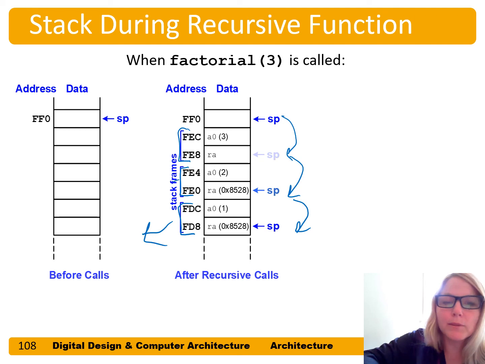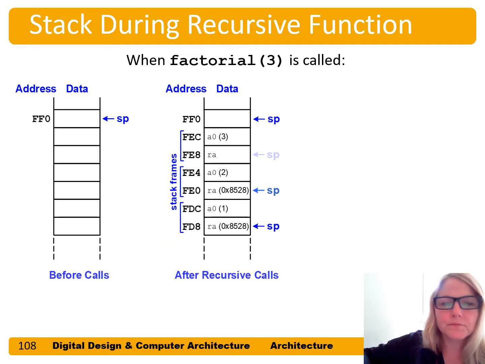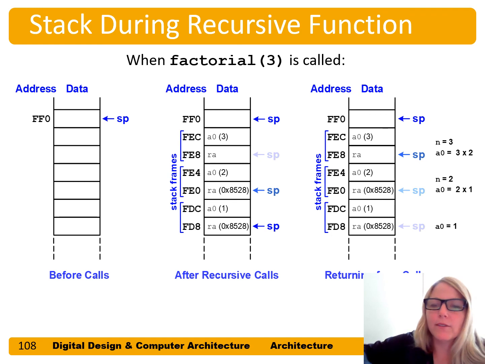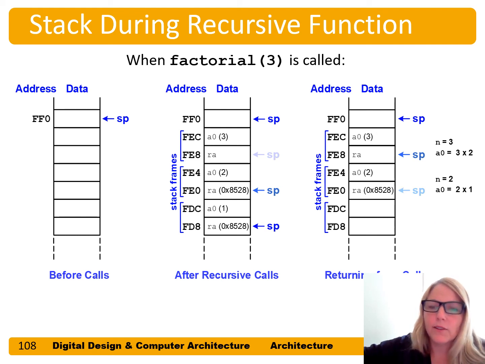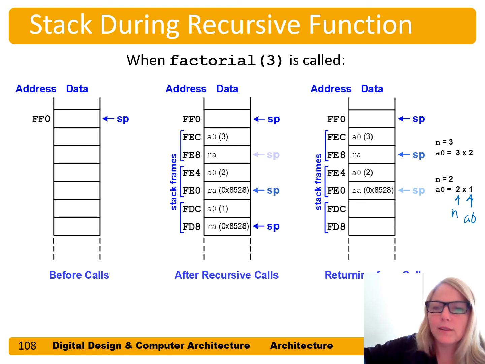Last in is going to be the first out. And so here we have it rolling back up. It's going to return a value of 1 and restore the stack pointer, adding in this case 8 to it, 2 words. Then the return value A0 that just got returned was 1. 1 times n, which is 2, and now it's going to return that value, in this case 2.